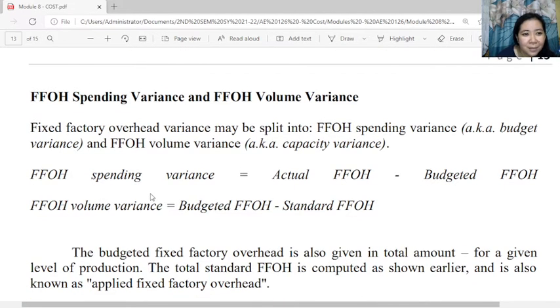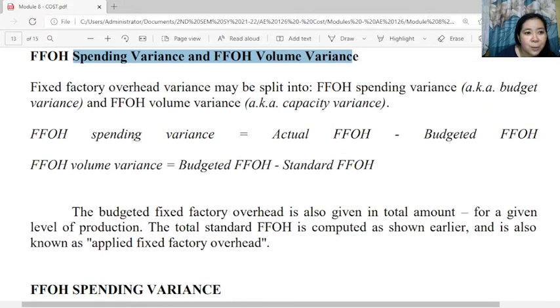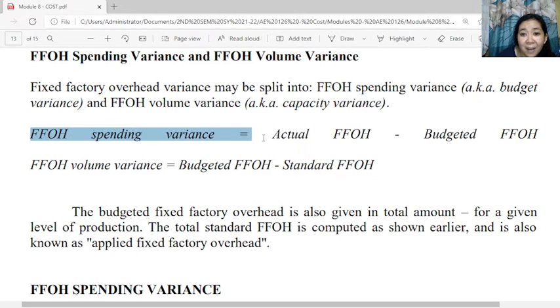Fixed factory overhead variance also has spending and volume or efficiency variance, so it may be split as follows. The fixed factory overhead spending variance is equal to your actual fixed factory overhead minus budgeted fixed factory overhead.